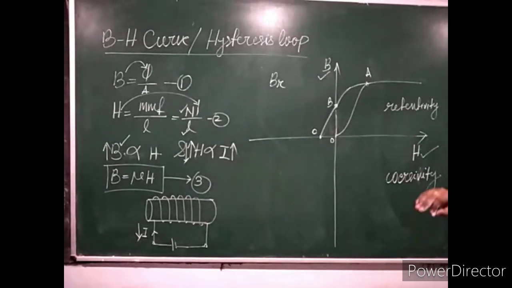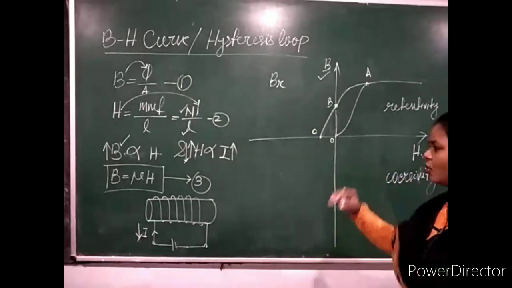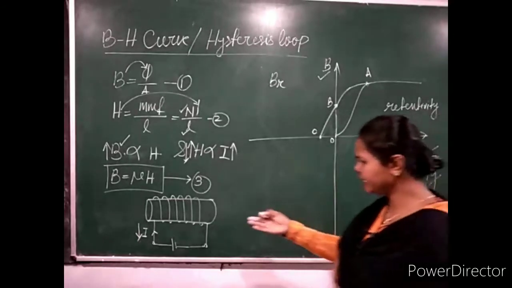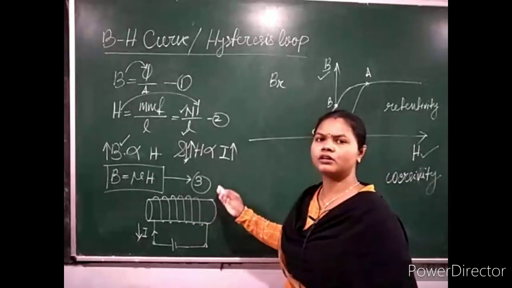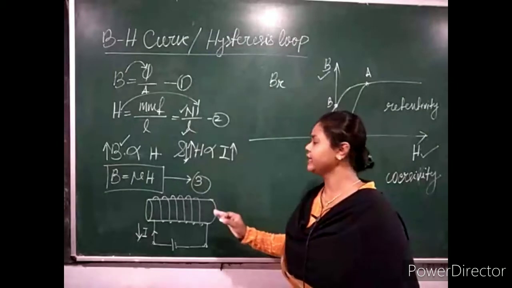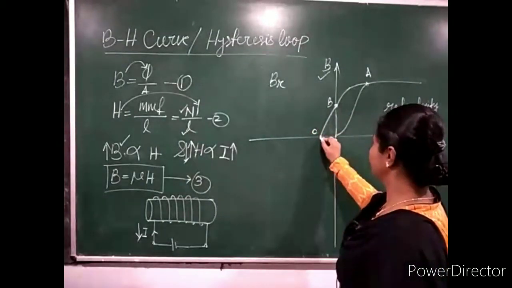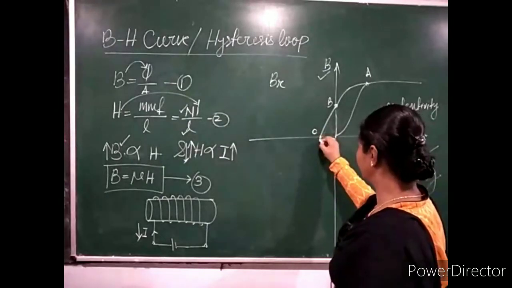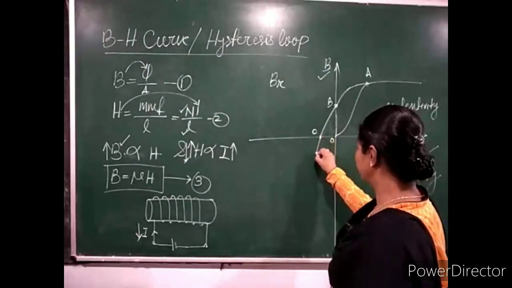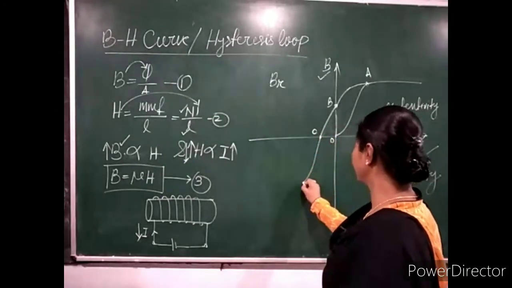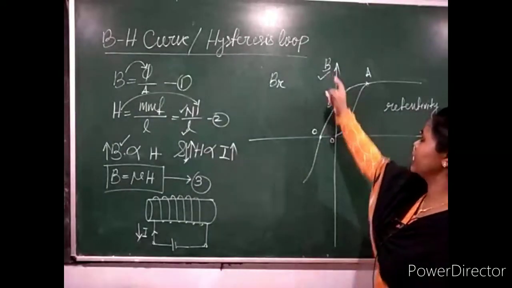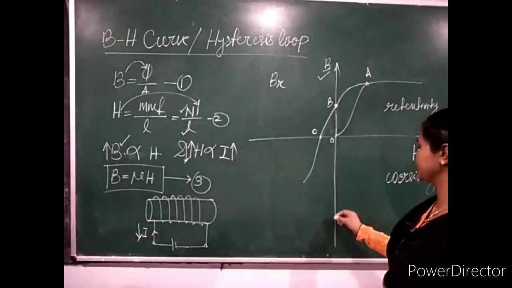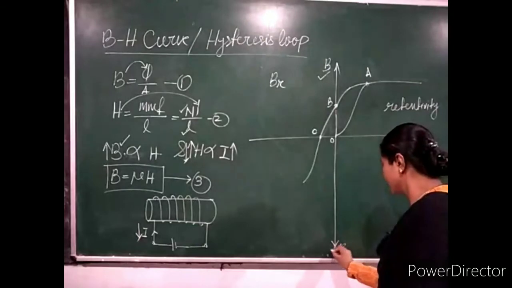Now again, if you go more in the negative direction, if you keep increasing the current, then with increase in flux intensity, the flux density also increases in the negative direction.